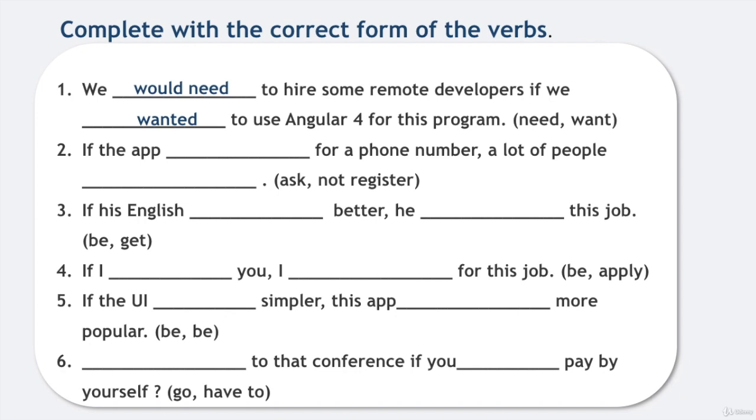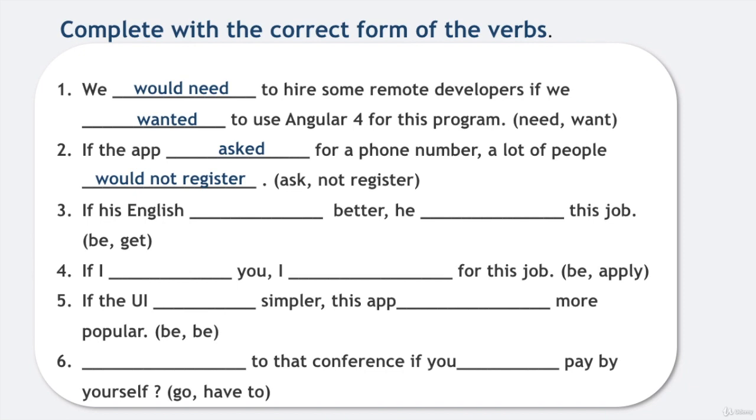Number 2. If the app asked for a phone number, a lot of people would not register. The condition is if the app asked for a phone number. That's why we use past simple, asked.